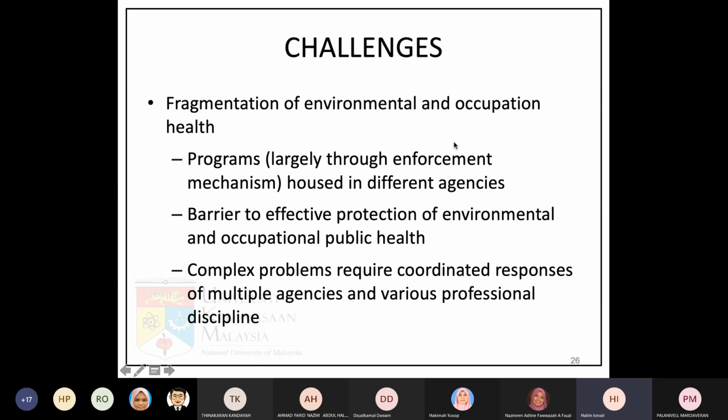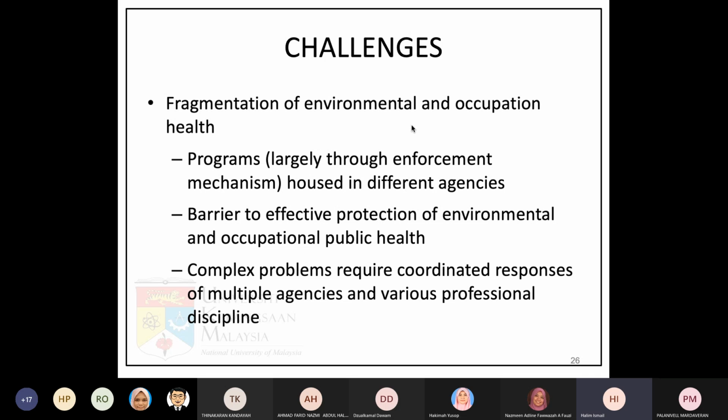But the new incidents yang pollution dekat river, dekat Johor kan? That's where the environmental department and the occupational health department need to work together, and health department as well. So all three of them need to work together to overcome the problems, right?